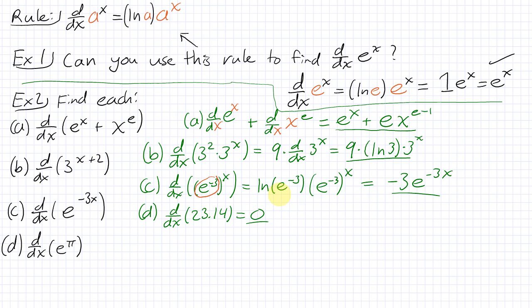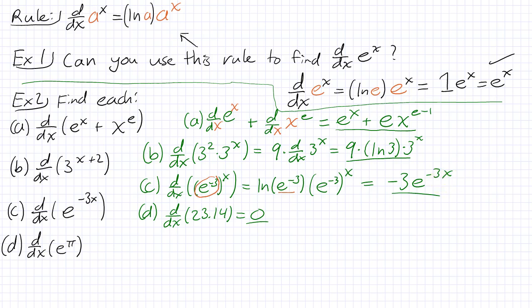Then you just do natural log of that something times that a to the x, or e to the negative 3 to the x. And this is what you get when you simplify it, because the natural log of e to the power negative 3, the natural log and the e exponent just cancel each other out, and you get negative 3. And again, e to the negative 3 to the power x, multiply those exponents, and you get negative 3x.